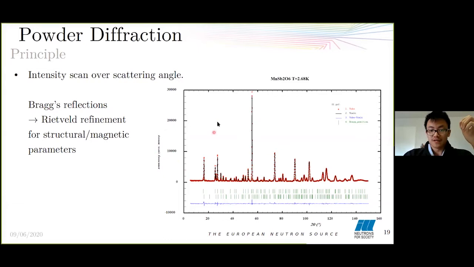So this is a diffraction pattern for MnSb2O6 at T equals 2.7 K. And the first line indicates the nuclear phase, and the second green line indicates the Bragg peak positions of the magnetic phase.